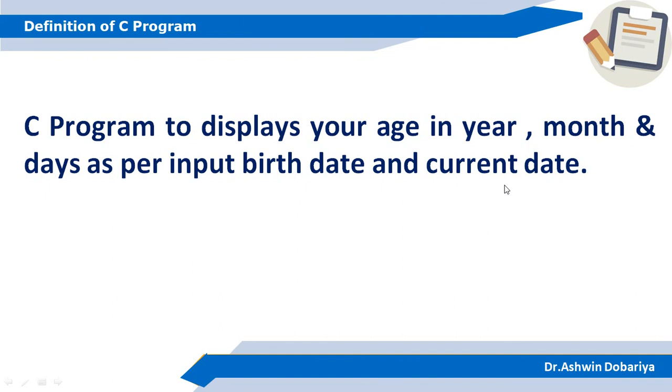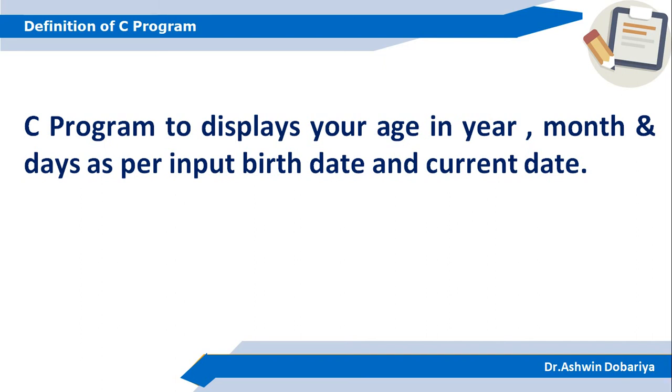At an advanced level, you can also fetch the current or system date using a built-in function, but at this initial phase, we will enter the current date. We will input the birth date and current date in three parts, meaning day, month and year, all entered separately.